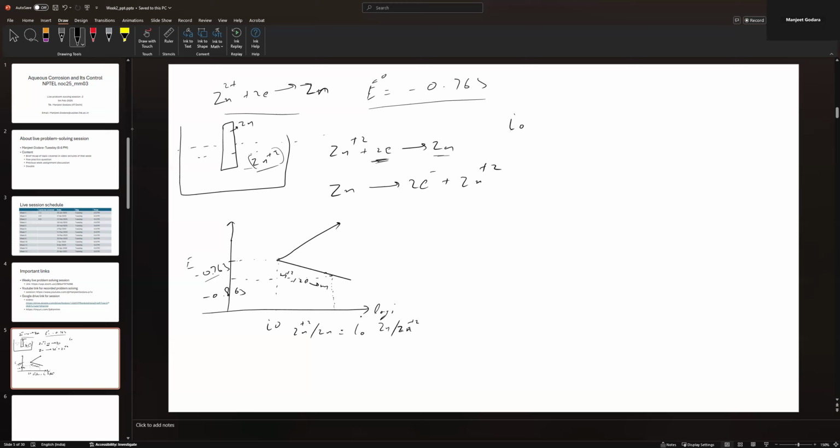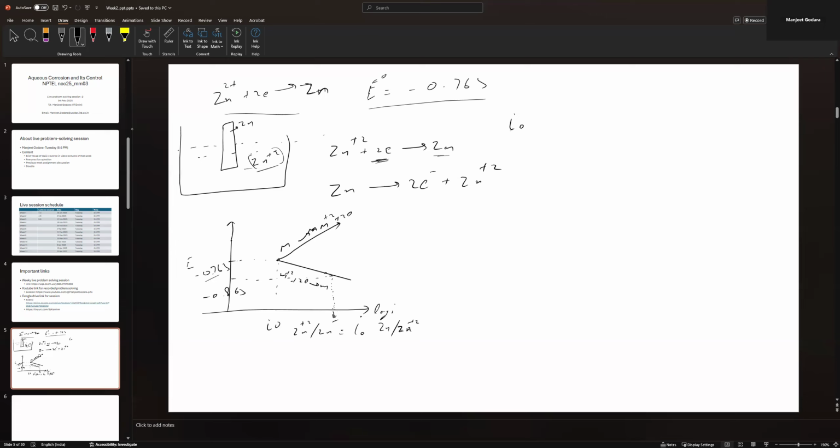And on this side, if we reduce the negative potential, the metal is getting oxidized to Zn2+ plus 2 electrons. At each of these potentials, you'll get some current density, and through this current density, you can calculate the corrosion rate.